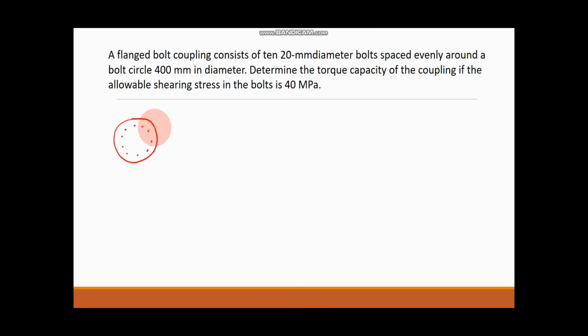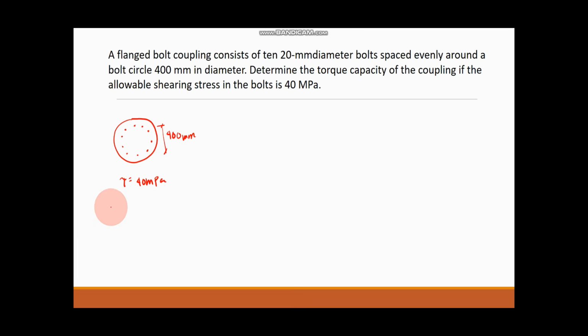So let us assume that it is spaced evenly. The bolt circle is 400 millimeter in diameter. We will determine the torque capacity of the coupling if the shearing stress is 40 megapascal.